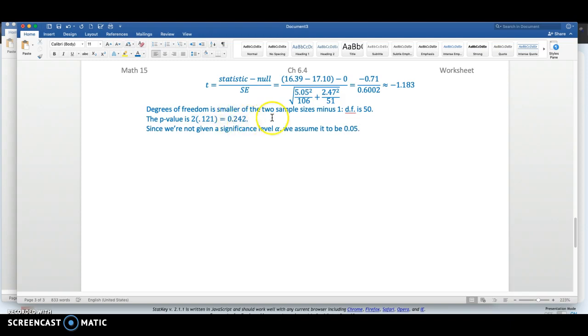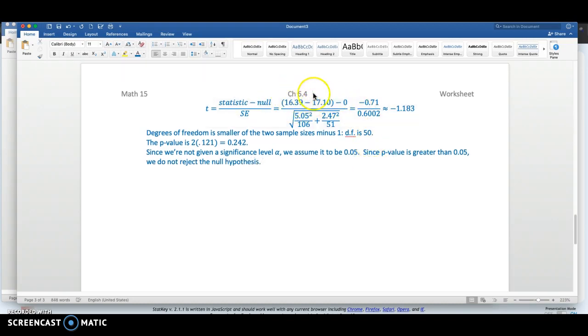Since the p-value is greater than the significance level, .05, we do not reject the null hypothesis. There was a difference in the means of the two tip percentages, but it was not that great.